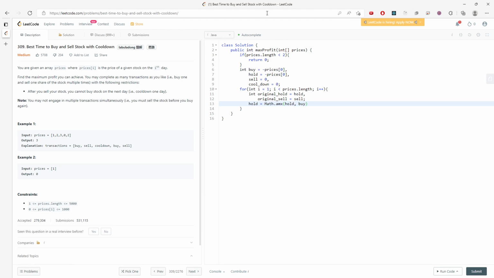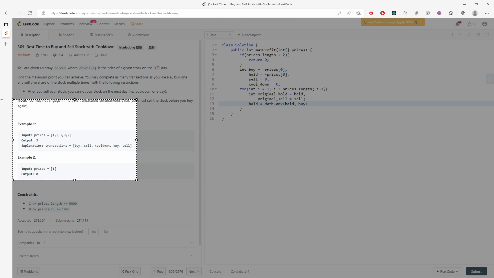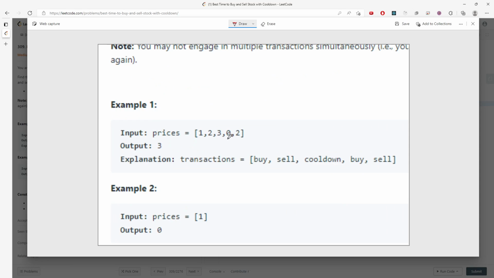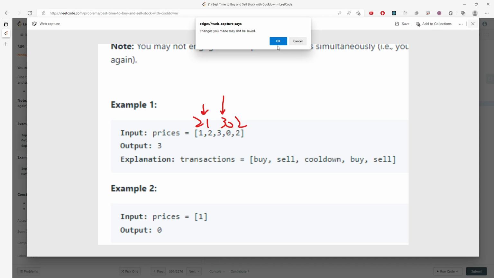Just assume this is the array 2 1 3 0 2. You buy the first one, but you know the second day has a lower price. So you say, all right, I might buy this one, and then I will sell this one, something like this. And this is pretty much the idea.